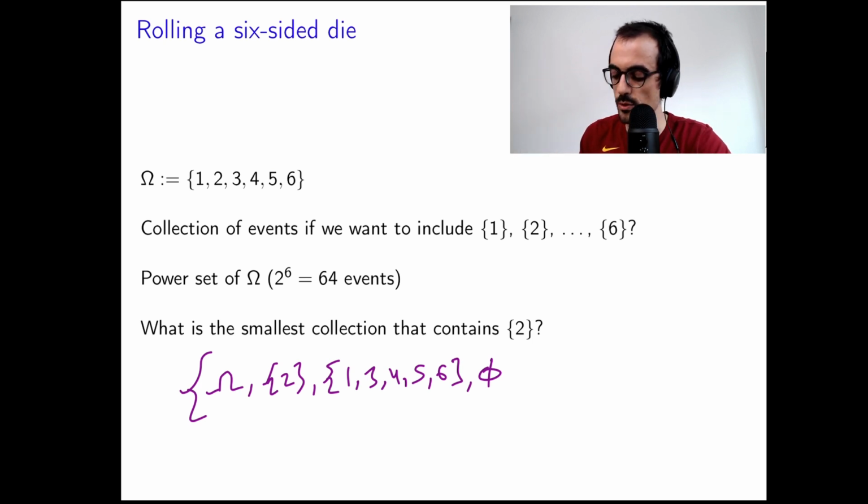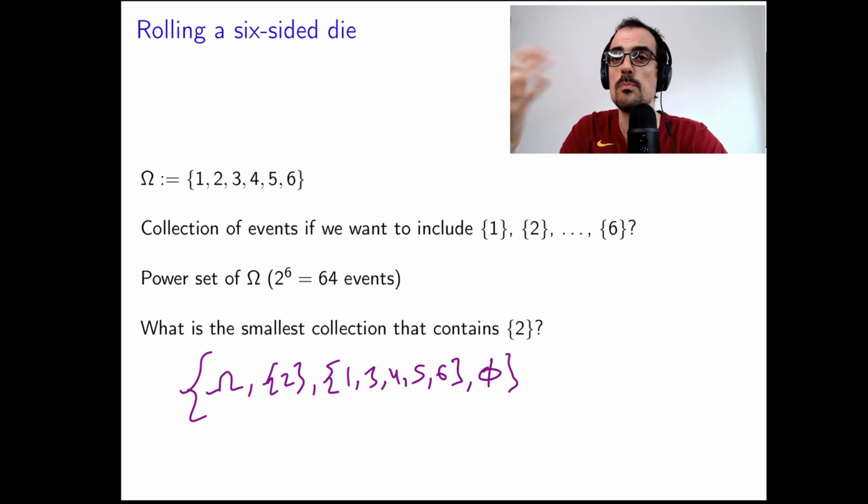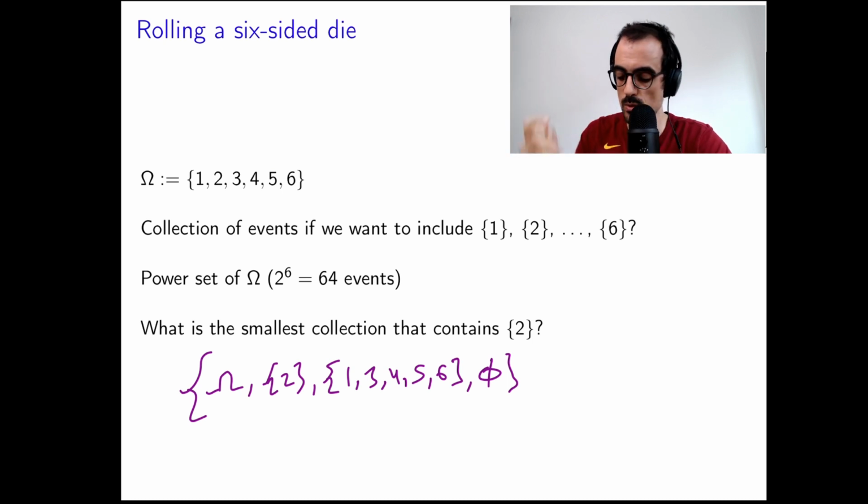Now you might say, but you need to include all possible unions and intersections. Well, the union of this guy and this guy is just the sample space, because the sample space contains all of the possible events. Just to be clear, the sample space I'm referring to is 1, 2, 3, 4, 5, 6. The union of this guy and this guy is the sample space, we already have it.